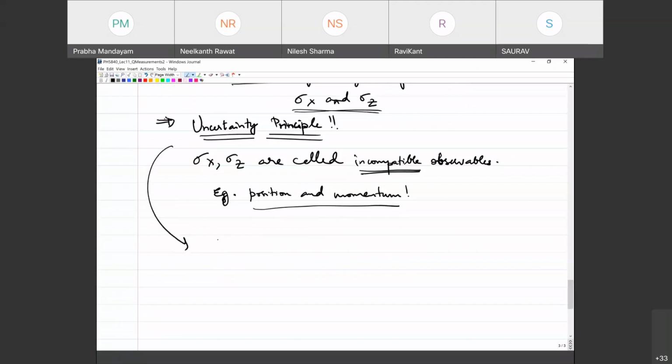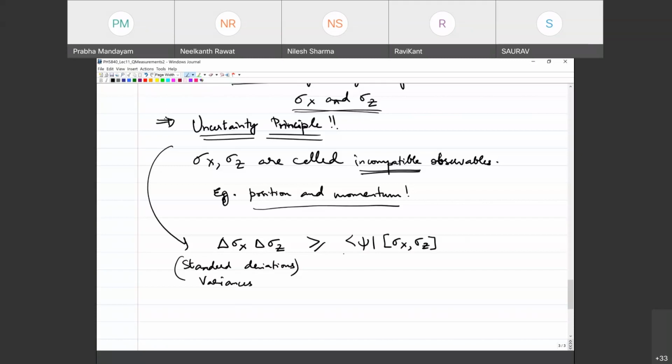This is what you will do in the assignment, where you will show that the product of these standard deviations, or you can think of this in terms of variances, is always lower bounded by something, and that something is actually the expectation value of the commutator.